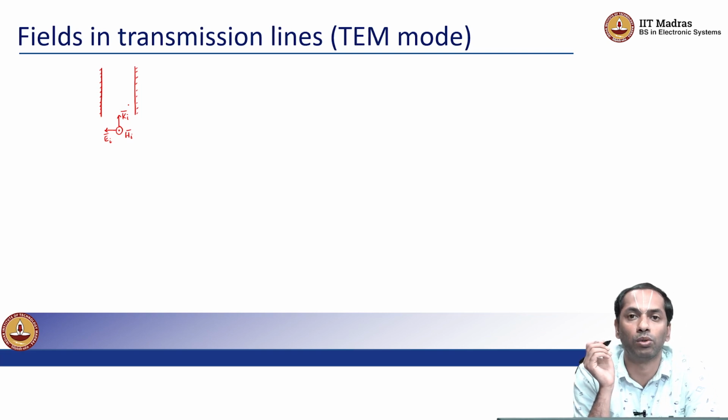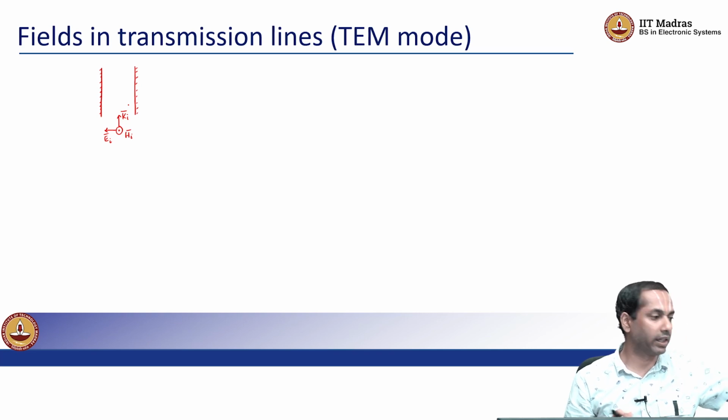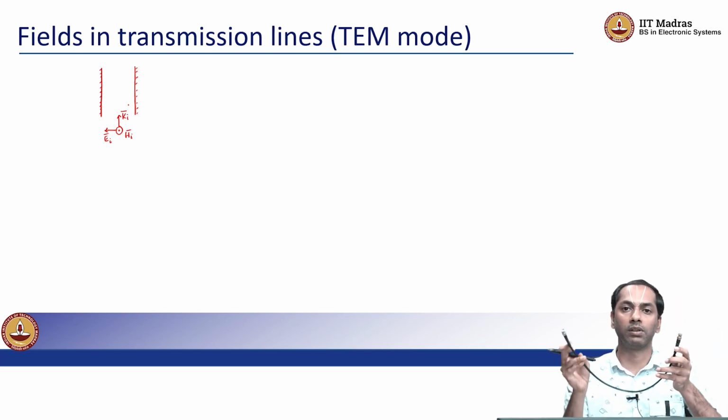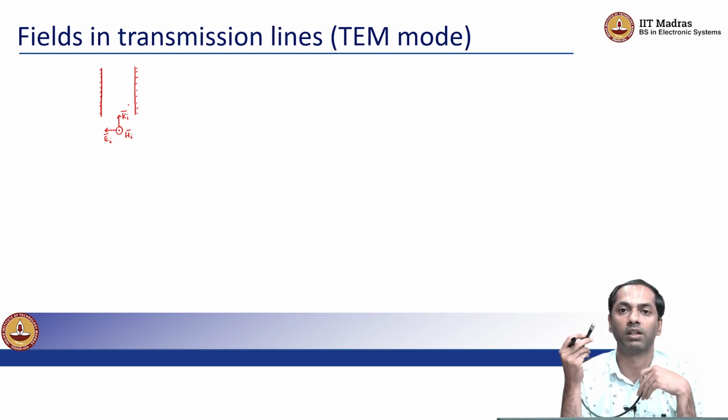So this is the most common mode of transmission in transmission lines. In the very beginning of this course, we took a look at an example of a transmission line, which was the coaxial cable. I have here an example of a very specific kind of coaxial cable, which has a characteristic impedance of 50 ohms.